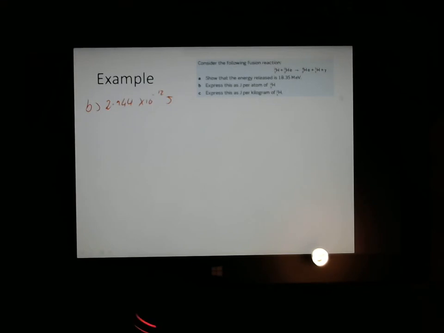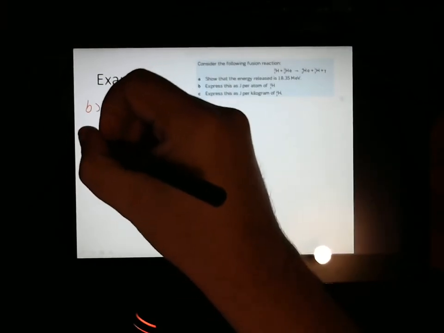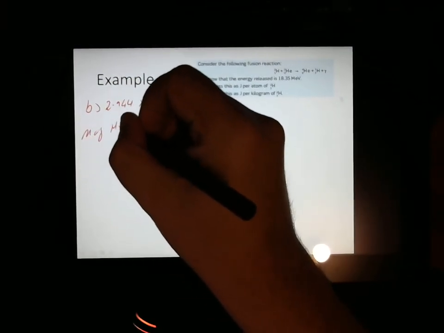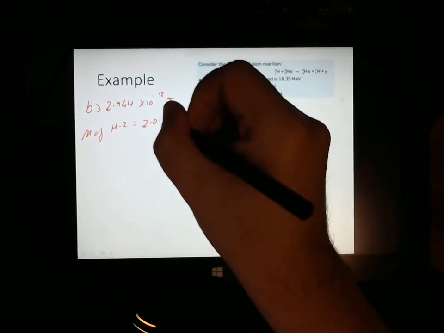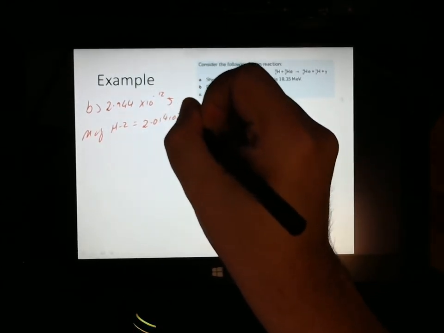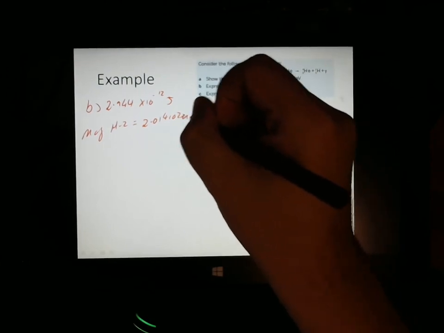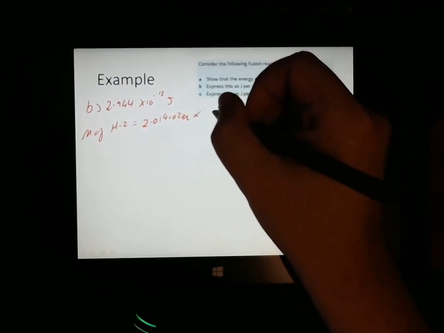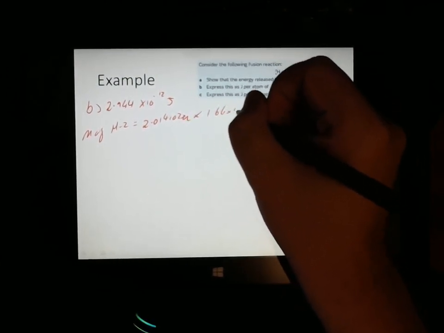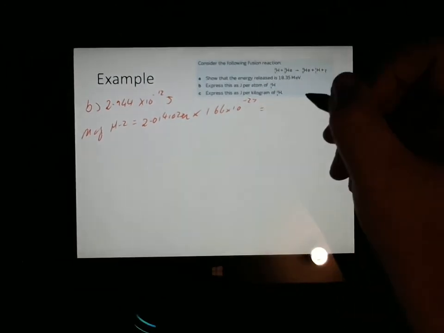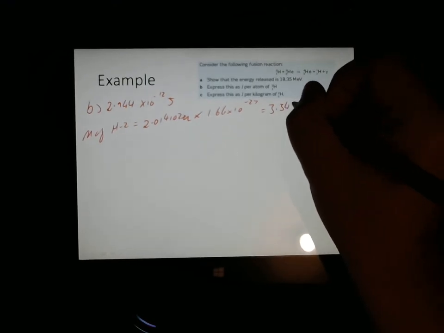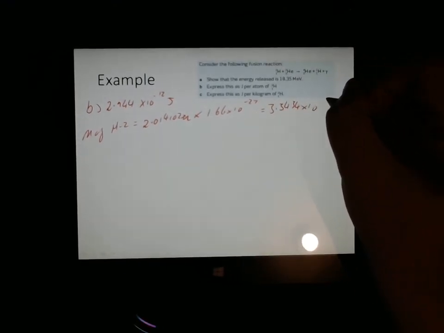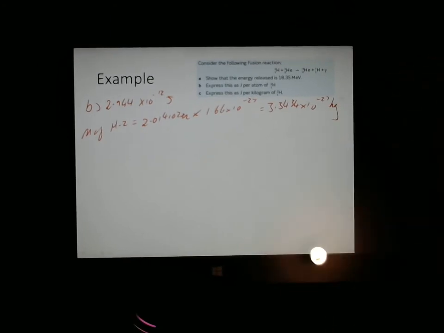So the mass of H2 equals 2.014102 atomic mass units. We're going to multiply that by our conversion factor, 1.66 times 10 to the negative 27, which gives us a mass of 3.3434 times 10 to the negative 27 kilograms.